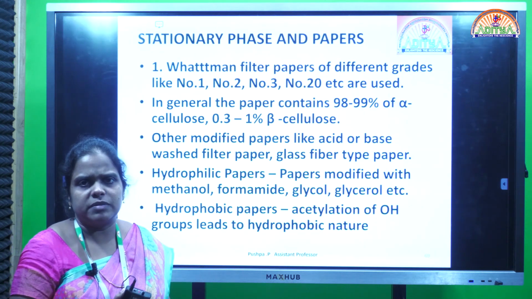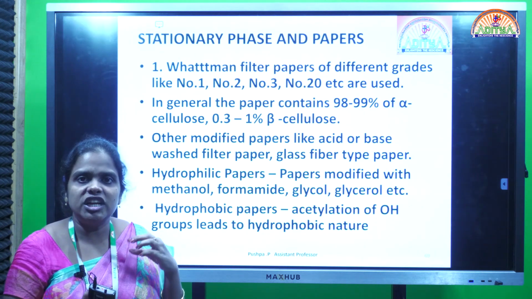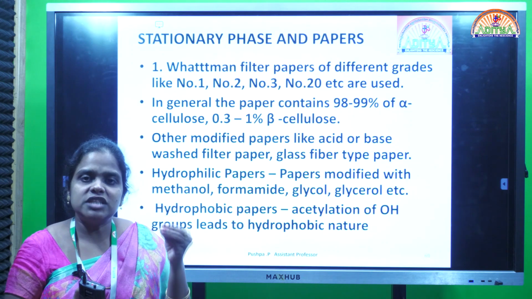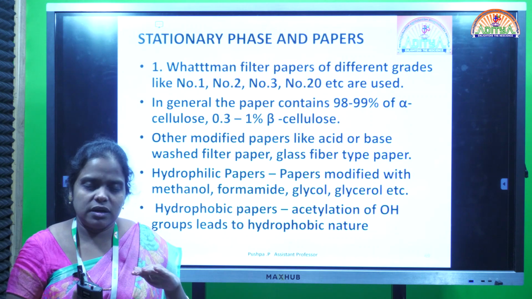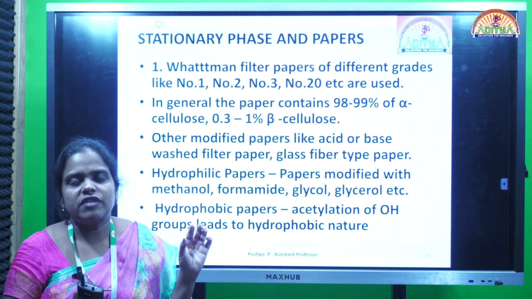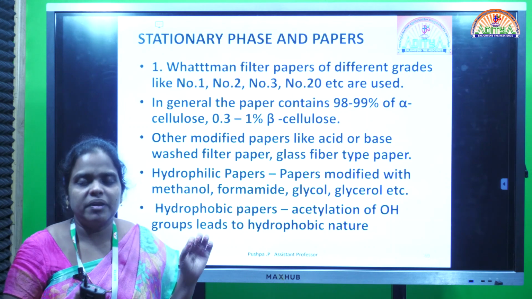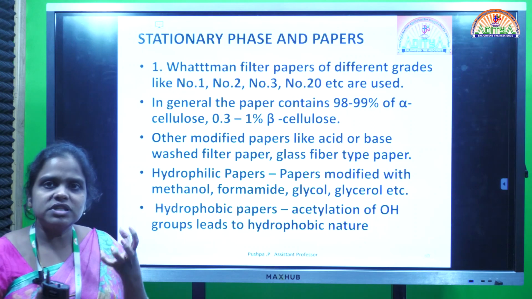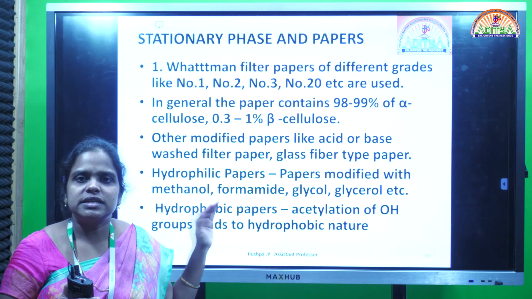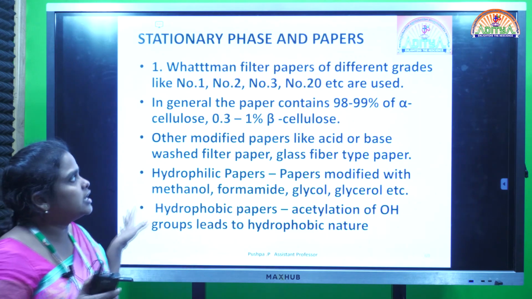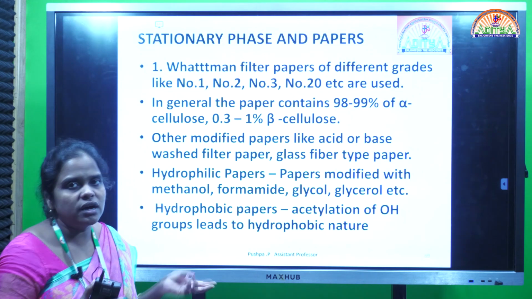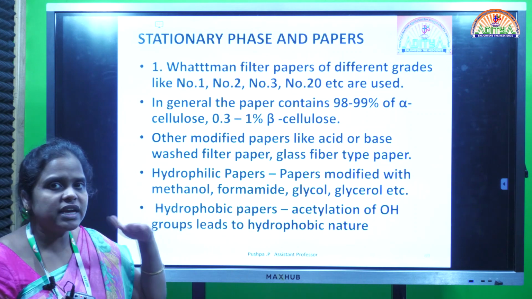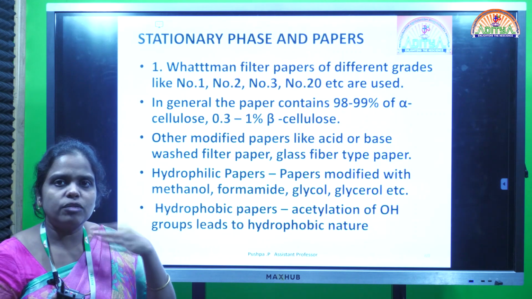These numbers denote the porosity or pore size, and how much cellulose fiber is present in that Whatman filter paper. Number 1, 2, 3 means the pore size will be different for this series of numbers. Based on these numbers, we give the grades to the Whatman filter papers.